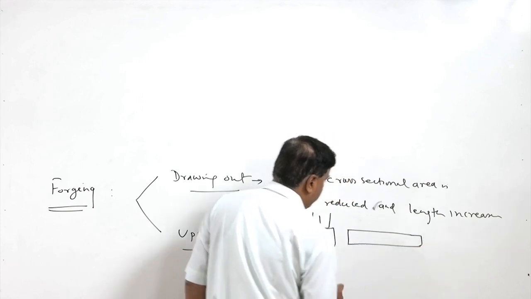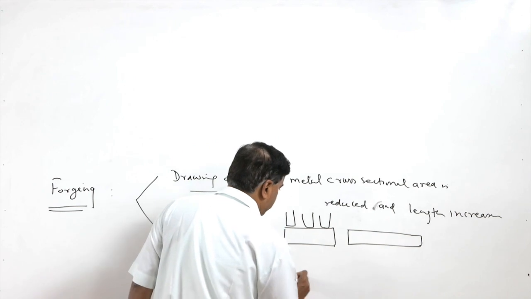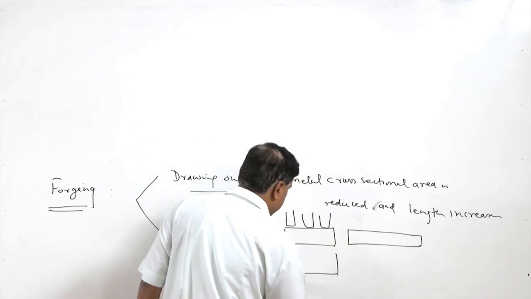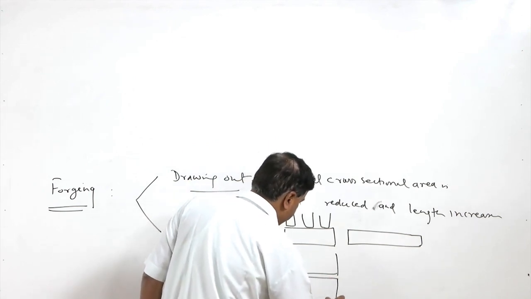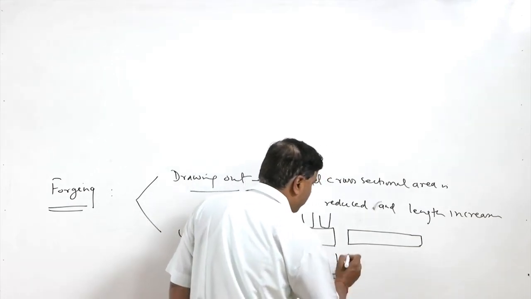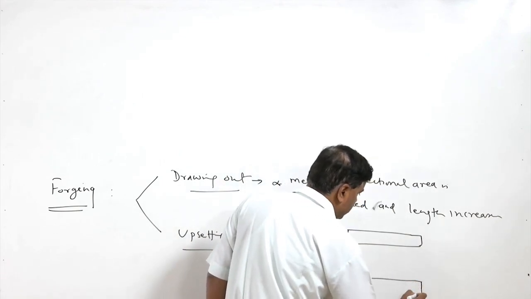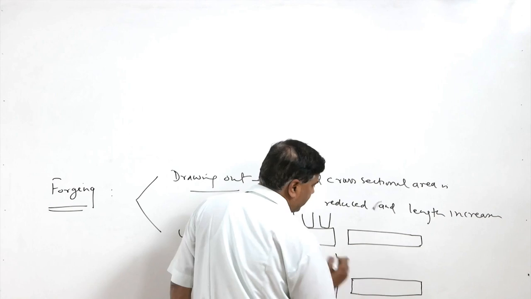Or we can apply the force through the ram directly onto a plate of larger thickness, and after the application of the force the section thickness is reduced and the length is increased.